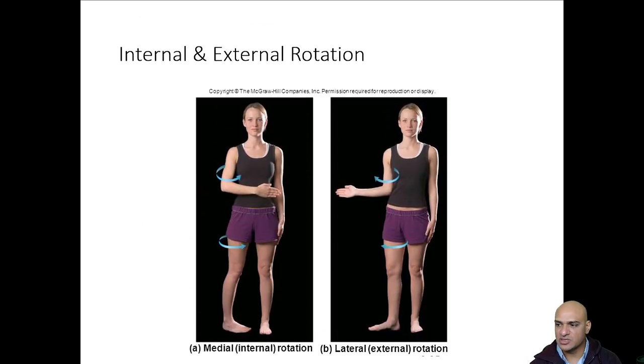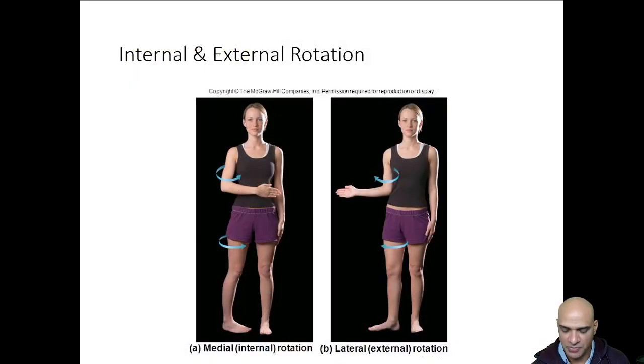There's another movement which is called horizontal flexion and horizontal extension, where if I were to move my hand like that, right? If I were to move my hand like so, let me just show you. If I were to move my hand like that, this would be called shoulder horizontal flexion, also called shoulder horizontal adduction.